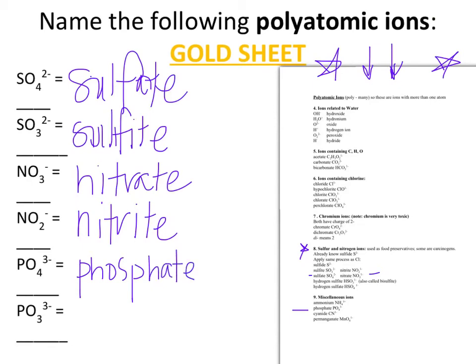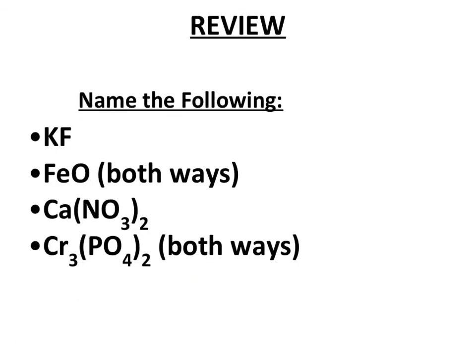And the next one is not on here, PO3 3 minus. If PO4 3 minus is phosphate, what's PO3 3 minus? Phosphite. And of course, this is the phosphite ion, this is the phosphate ion, the nitrite ion, so you can always add ion to the end.